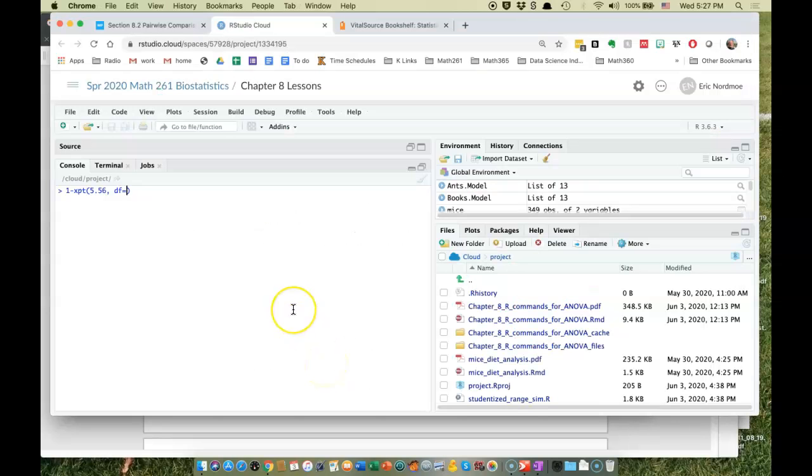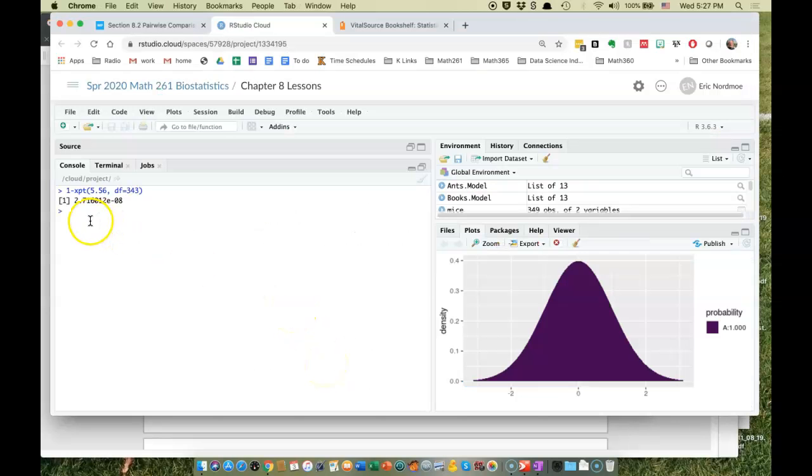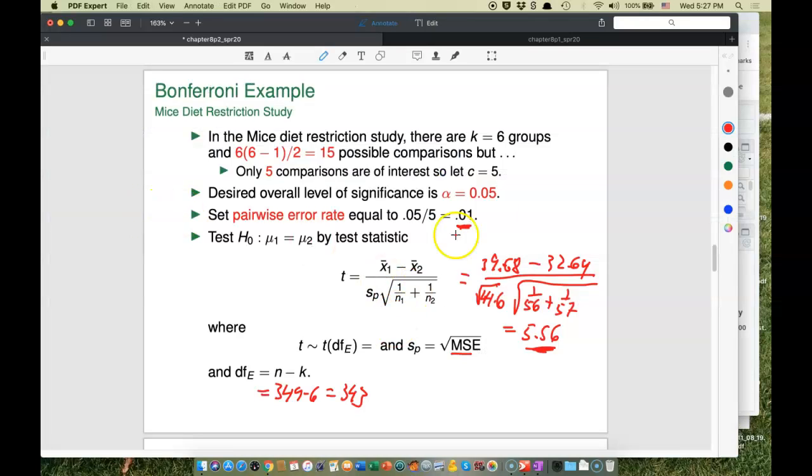Okay, so 343, and as predicted, this is super small, it's way out in the tail, so 0.0000, it's going to be significant, certainly at this more restrictive 0.01 level.